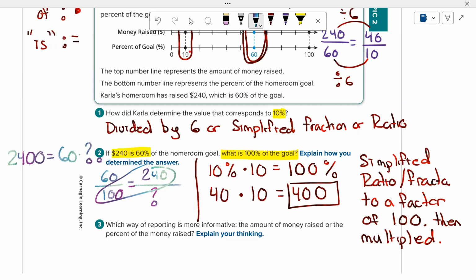And then how do we solve that? We would just divide it like normal. Nothing else to it. So 2,400 divided by 60 is 40.